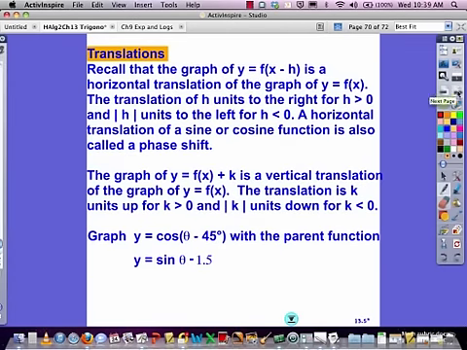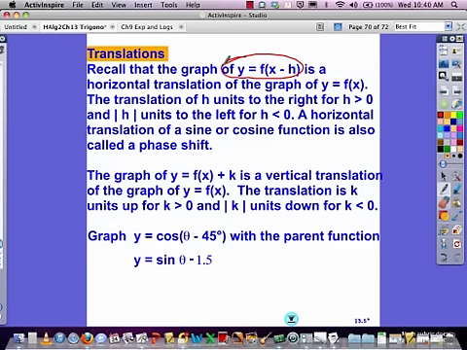Last but not least, translations. Remember, not just moving these up and down and compressing and stretching, but we can move left and right. Recall that when the graph is translated with the function and you have it inside, it's a horizontal translation of the parent graph, y equals f of x. The translation would be h units to the right. Now remember, it's a minus in the original, so that just has to say, for example, the sine of theta minus 45.